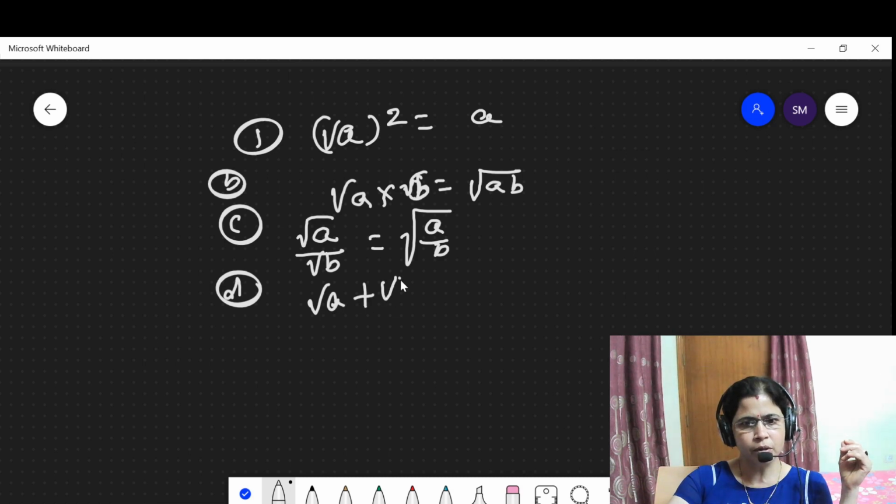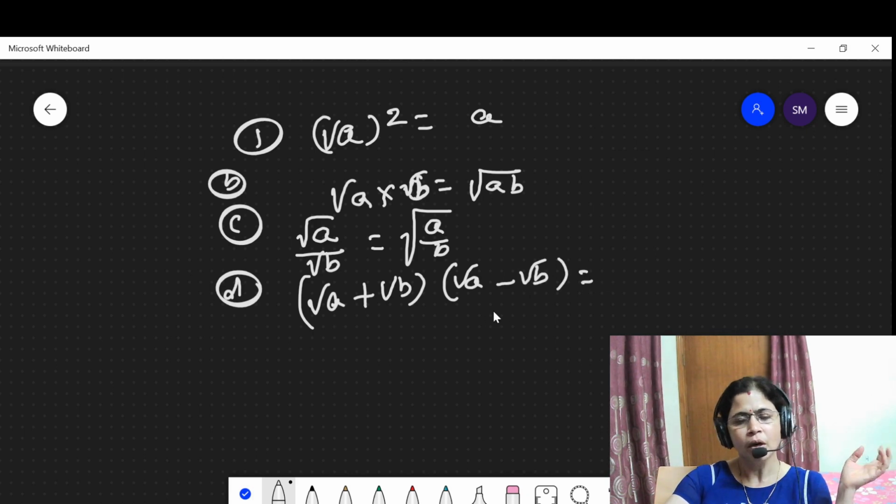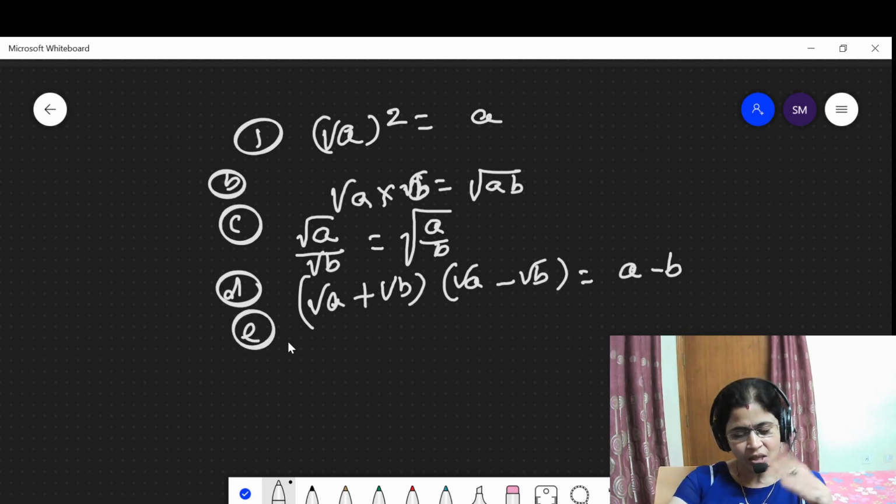Root a plus root b into root a minus root b is in the form a plus b into a minus b, which you know is equal to a square minus b square. So when we multiply this, we get a minus b. This is a very important identity which you mainly use to rationalize the given algebraic expressions.